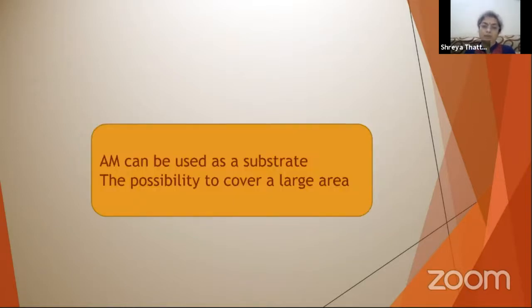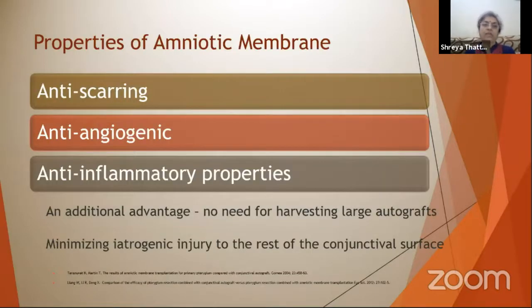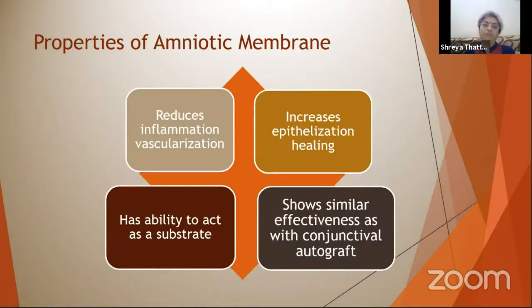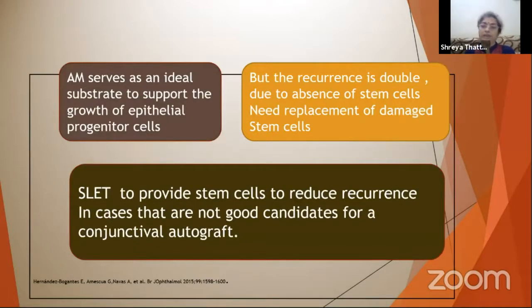Amniotic membrane can be used as a substrate which can cover the larger area. This membrane has anti-scarring, anti-angiogenic and anti-inflammatory properties, which are helpful and needed in pterygium surgery. And it shows similar effectiveness as the conjunctival graft without any limbal tissue. But the recurrence when we are using only amniotic membrane is almost double because of the absence of the stem cells.